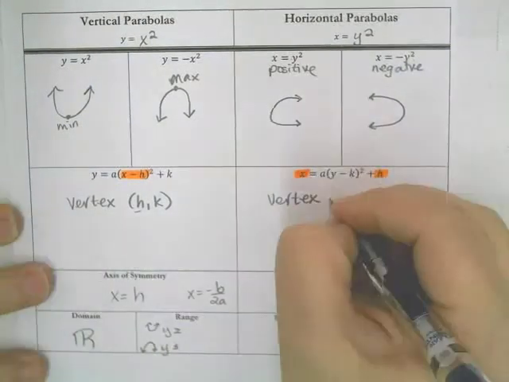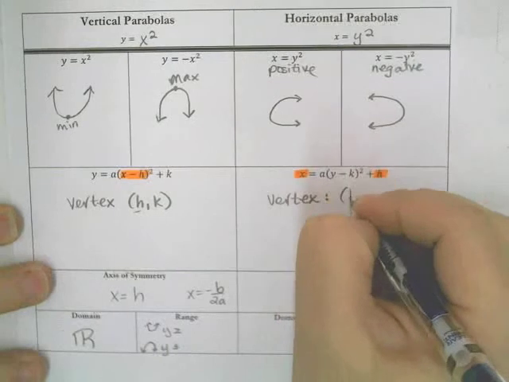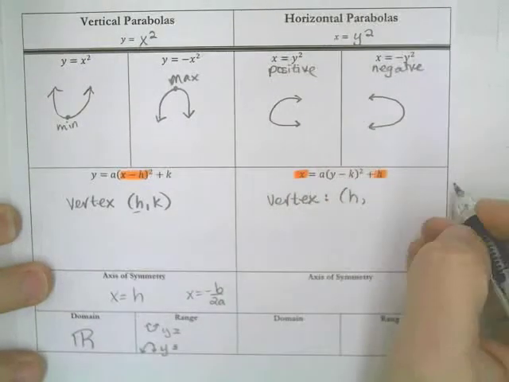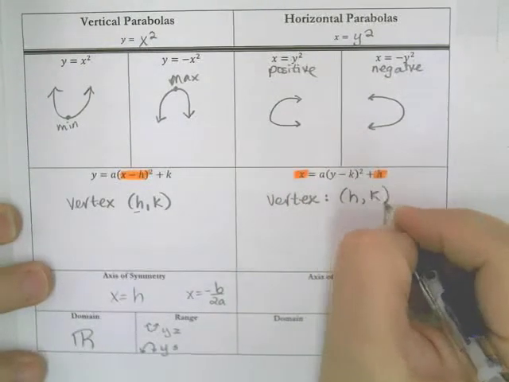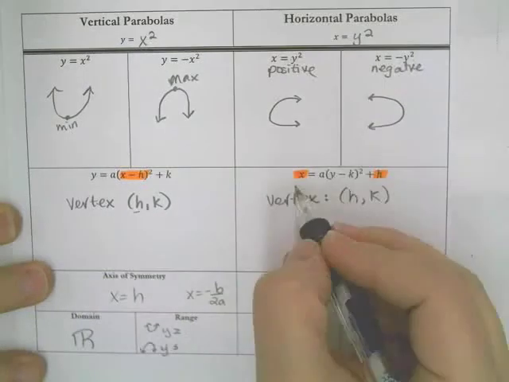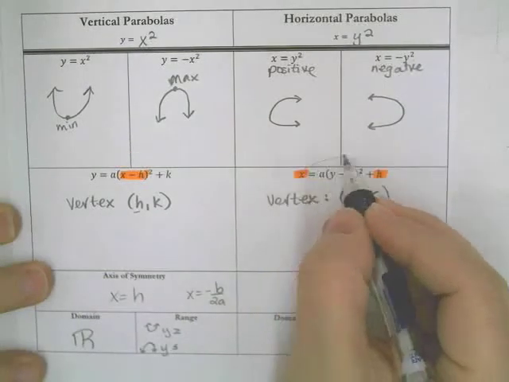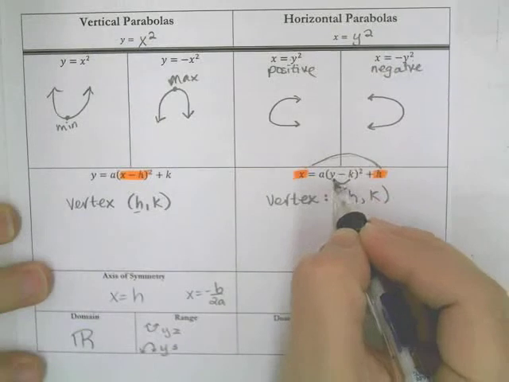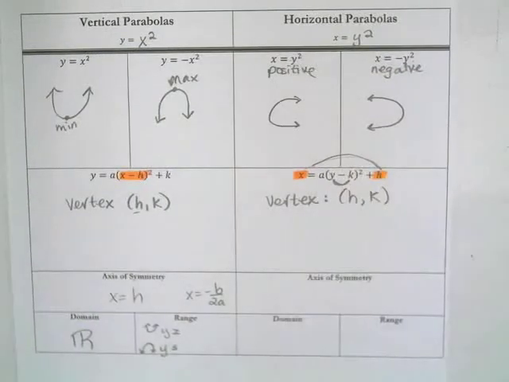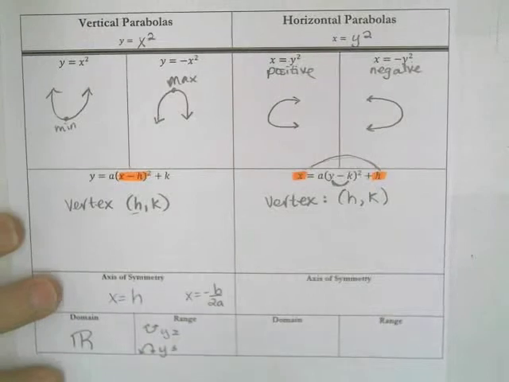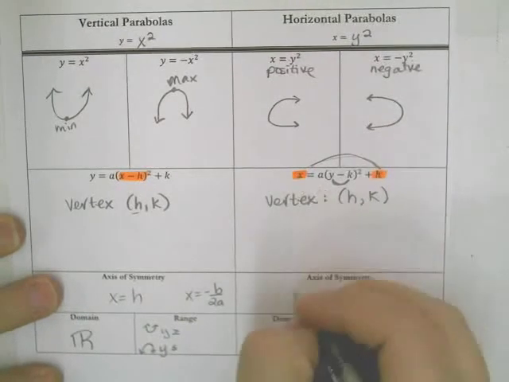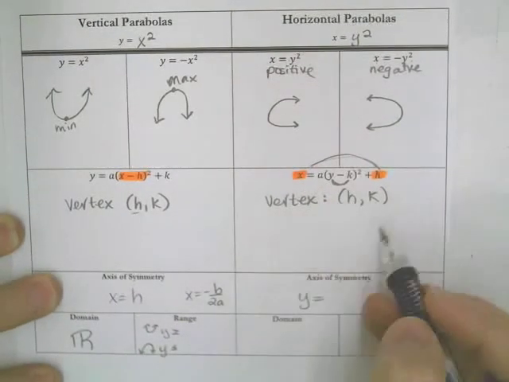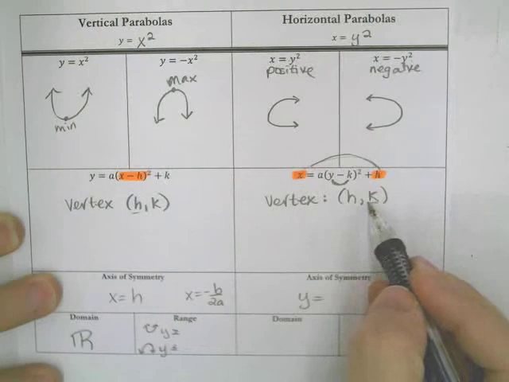So it's going to be at h, comma, k. Same thing as here, but if you notice, the x's are now on the outside, while the k's are on the inside. Okay. The axis of symmetry, it's not an x equals because the graph is an x equals. It's a y equals, and it's whatever y equals. And on this one, y is equal to k.